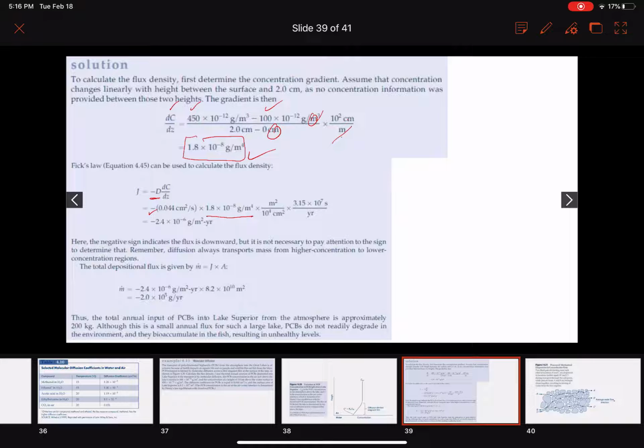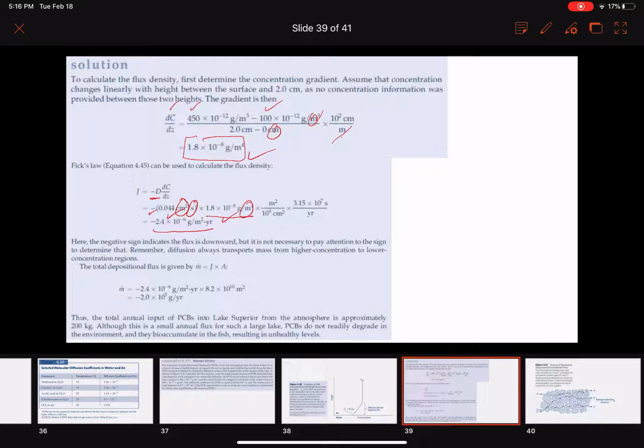So minus 0.044 times this, and since this is centimeter and this is meter, changing centimeter to meter squared, you can cancel out this with this. And the same thing with seconds, if you want it in years, you have to convert second to year, so you end up with minus 2.4 × 10^-6 gram per meter square per year. This is the flux density.